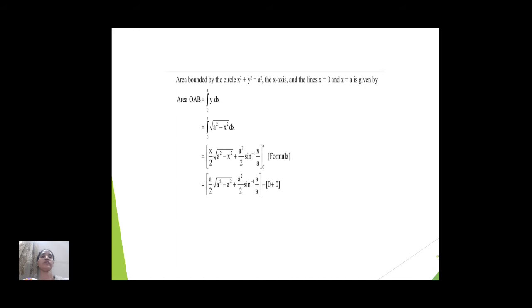So x by 2 into square root of a square minus x square plus a square by 2 into sin inverse of x by a, limits 0 to a.